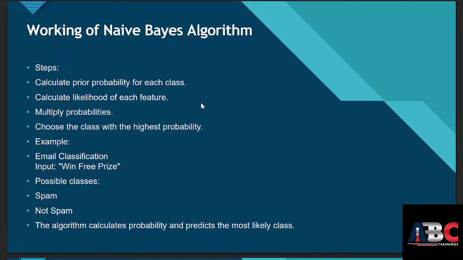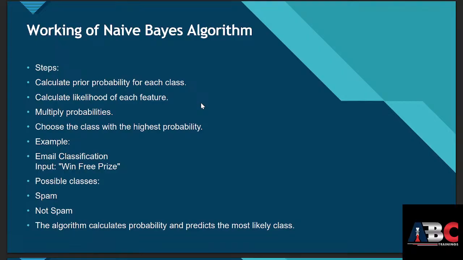For example, in email classification, consider a simple example with the input: win free price. The system must decide whether the email is spam or not spam.